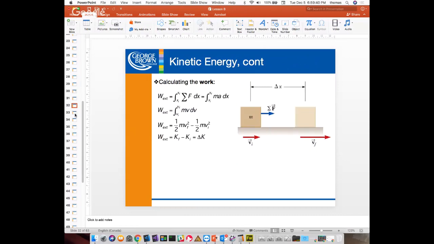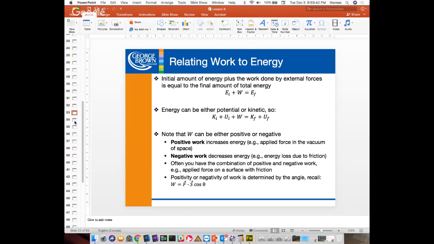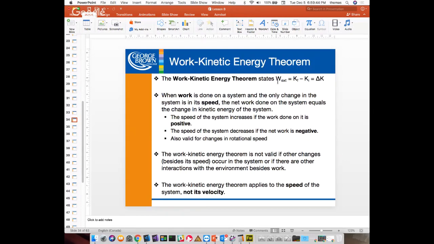All right, we're close. Here it is. The work-kinetic energy theorem states that the work being done is the kinetic energy final minus the kinetic energy initial. So actually, it's a negative value, but it doesn't really matter because it's a scalar.